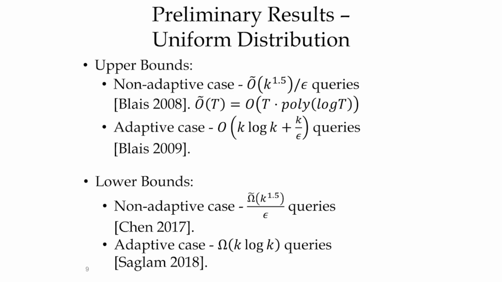We can see that the discoveries of the numbers of queries for the lower bounds are more recent. We can see that in the non-adaptive cases, the bounds are firmly tight, and in the adaptive cases, the bounds are tight up to a certain k divided by epsilon.